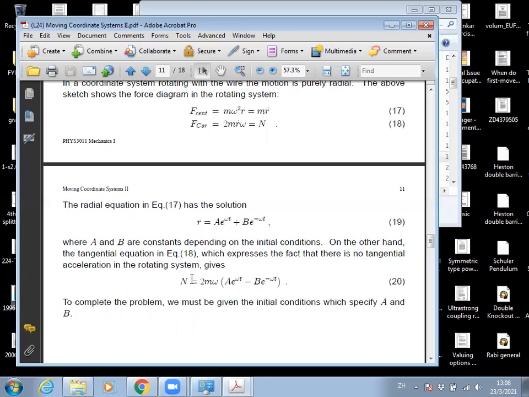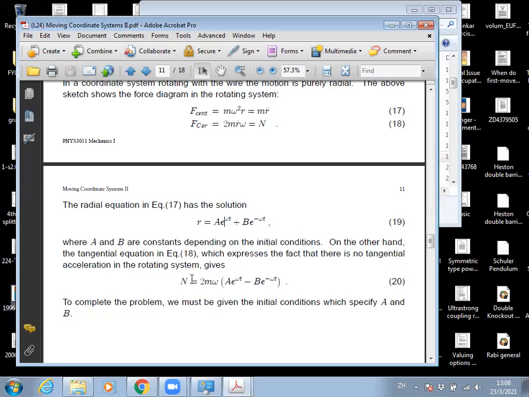When you are sitting in the inertial frame, you will see that the bead is rotating, and also it is moving out and in along the radial direction. And you are asked to find the reaction between the rod and the bead. So go home and try to work out this problem in the inertial frame.